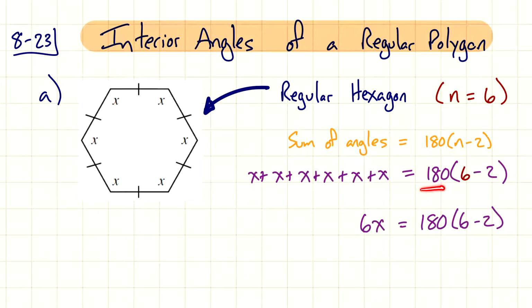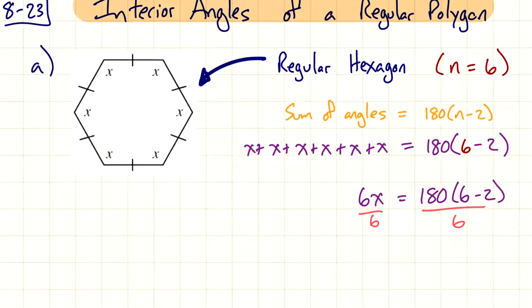So 180 times 6, because I'm using this 6 as the number of sides, minus 2. At this point, we're just simplifying it. When we add up all those x's, we end up with 6x. The next step is to figure out what x is. So we're going to divide both sides by 6.